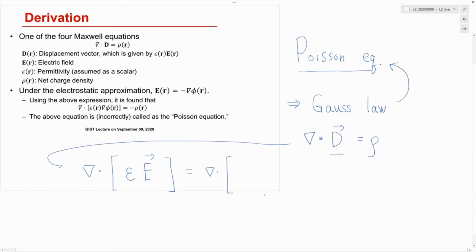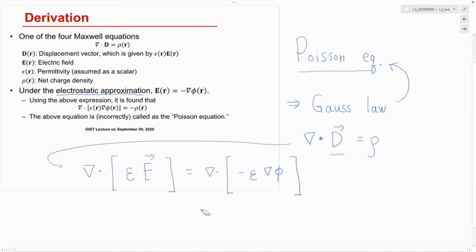After that, one further step is the electrostatic approximation. When the electrostatic approximation is applied, the electric field can be related to the electrostatic potential. Of course, in general, we have to consider the time derivative of the magnetic field, but in the electrostatic approximation, that term is neglected.